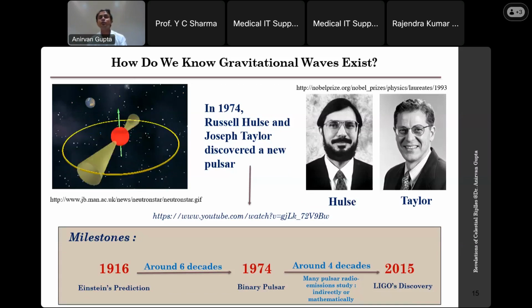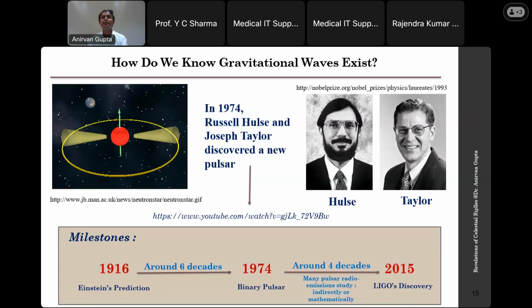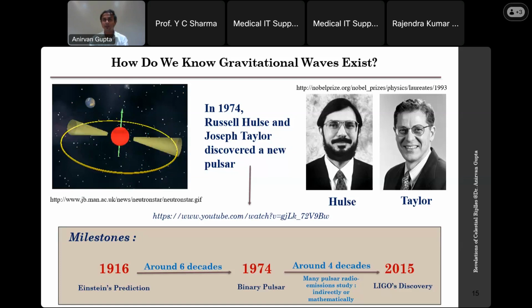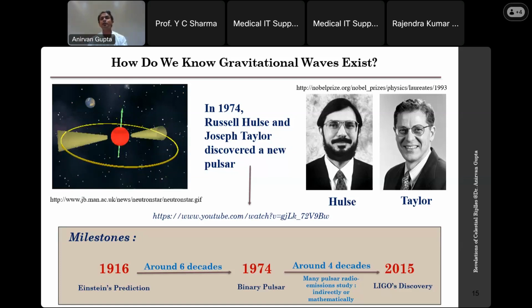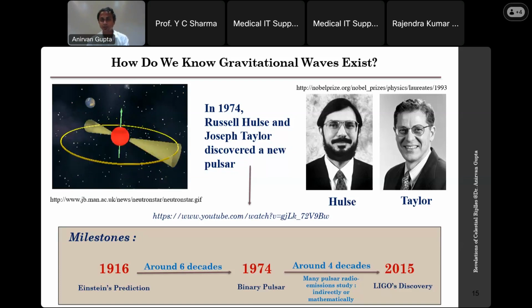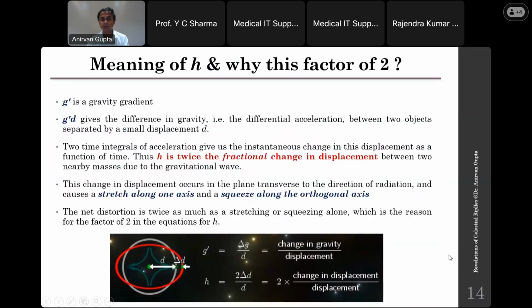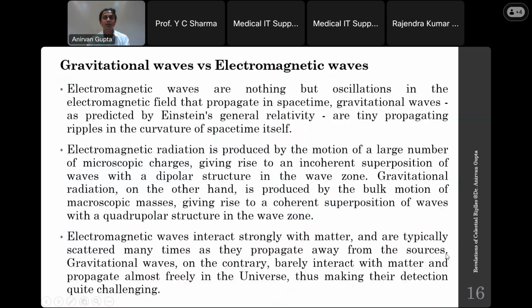So in 2015, LIGO made the discovery. So it took almost 60 and 40, that is, 100 years from Einstein's prediction to actually observing gravitational waves. So that was the timeline, and this was a milestone.